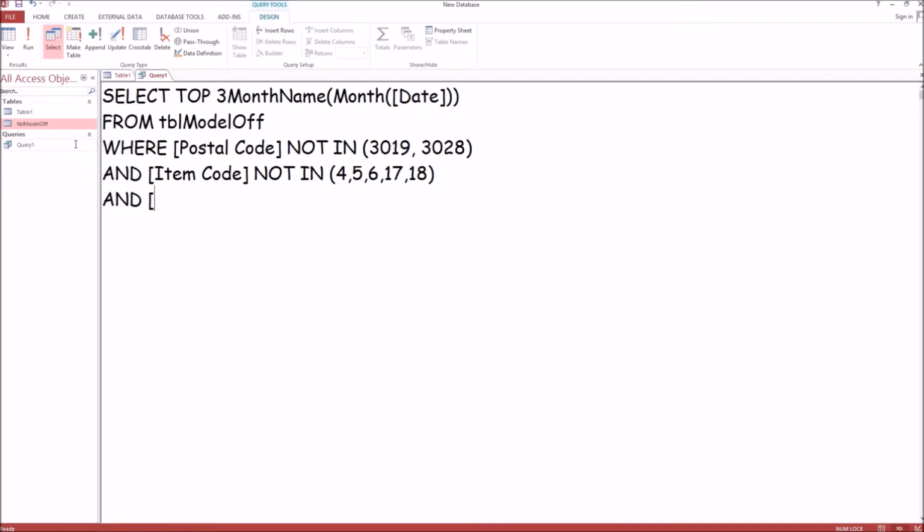And we're only interested in manager and duty being John Jones. Manager and duty equals John Jones. Then we need to group by our month's name.